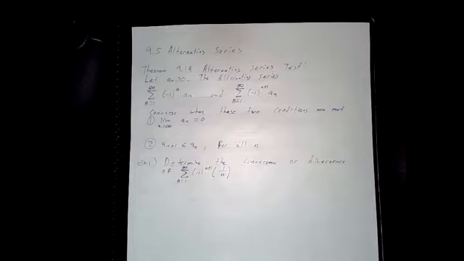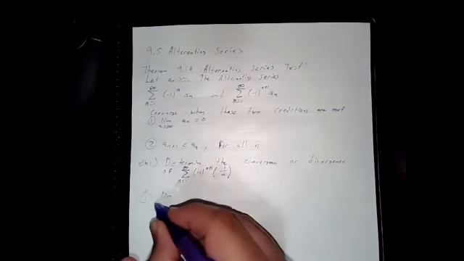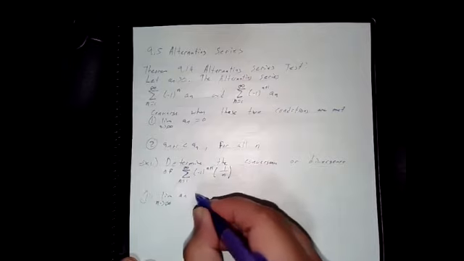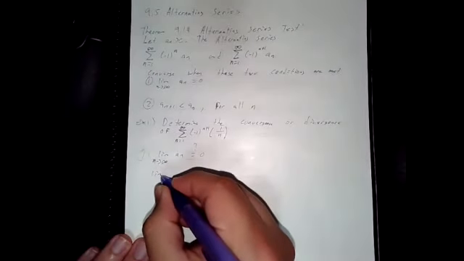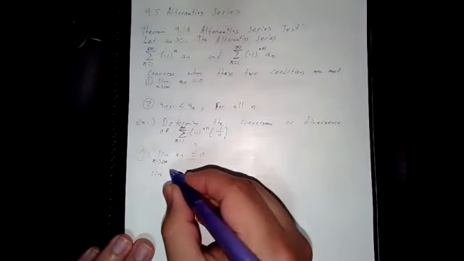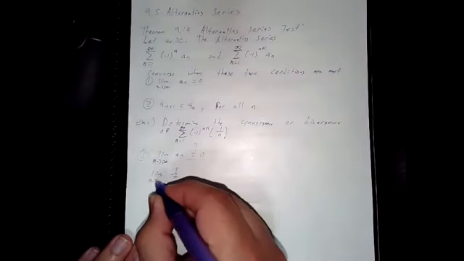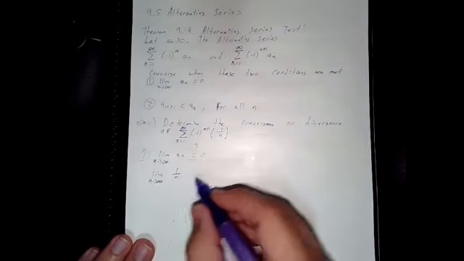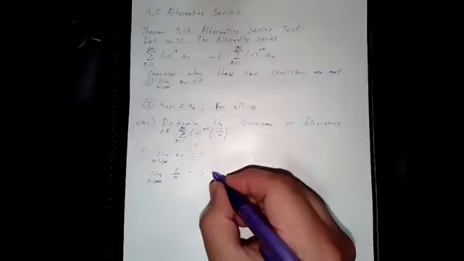So first thing, number 1, is the limit of an equal to 0? Well, let's find out. The limit of an will be this guy. You can clearly see that it's 0, right? So check for number 1.